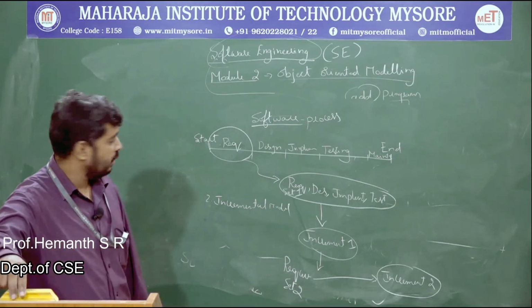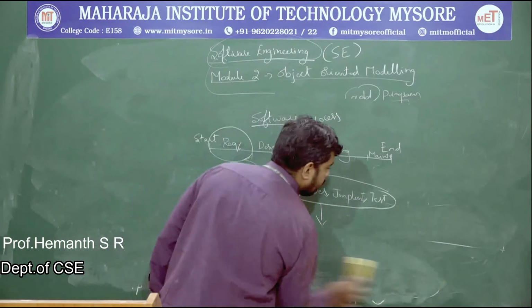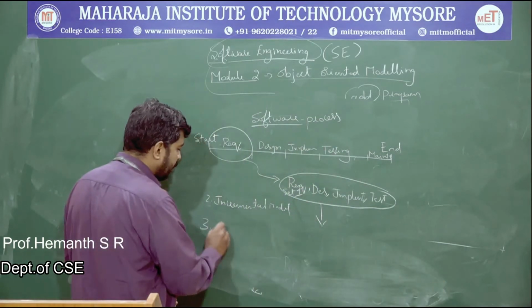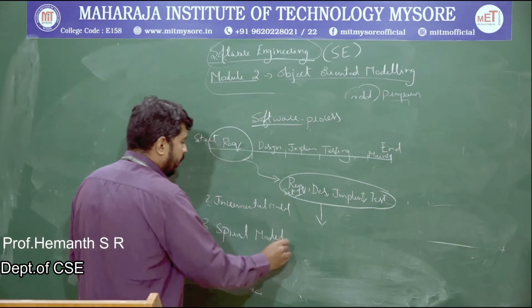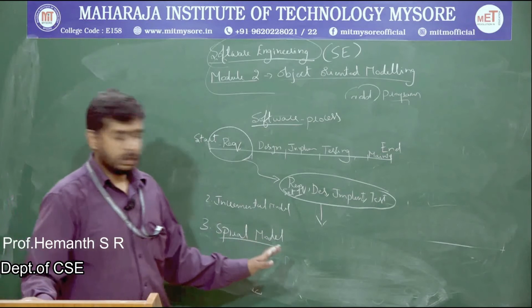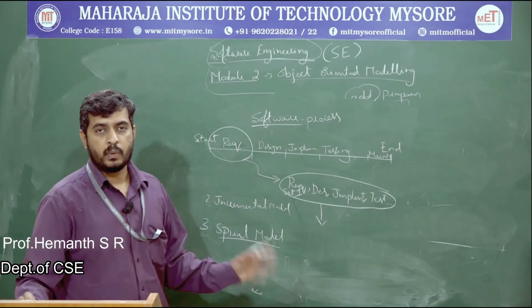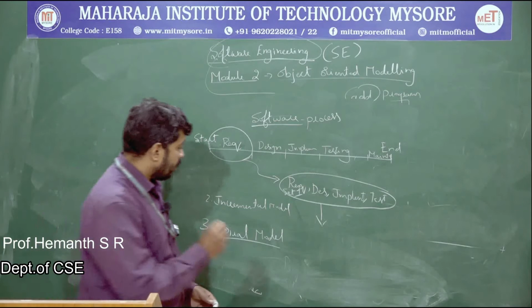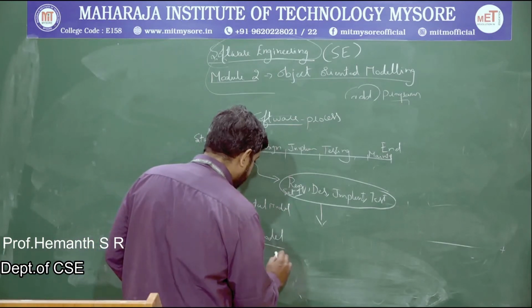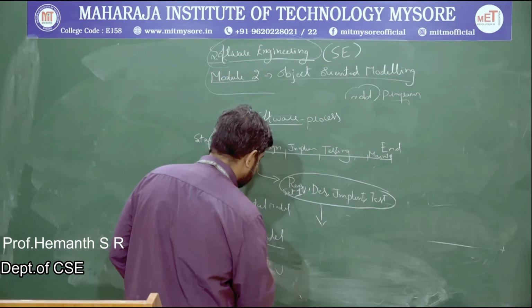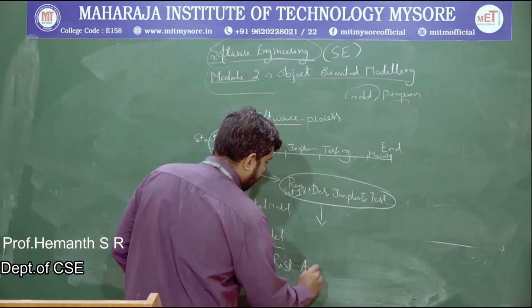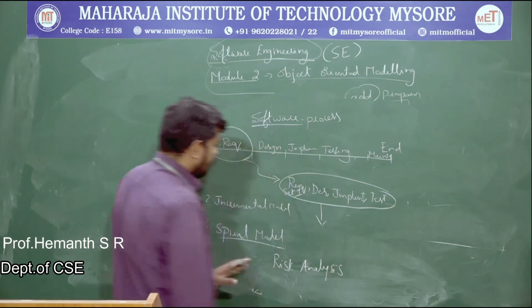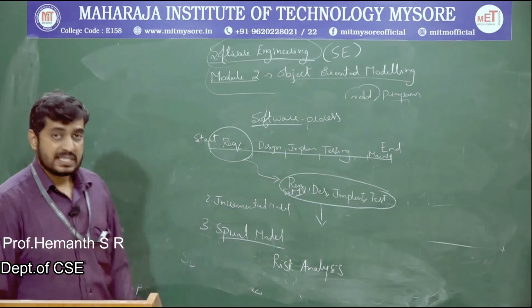The third one was the spiral model. This is one of the popular models that we experience. One of the highlighting features of the spiral model is risk analysis.